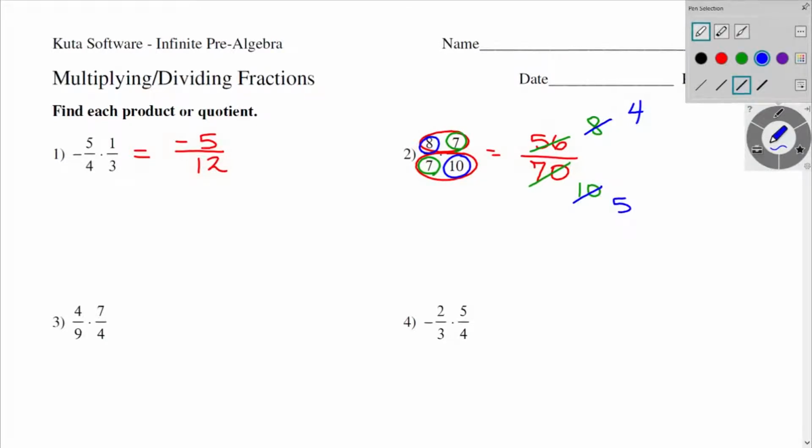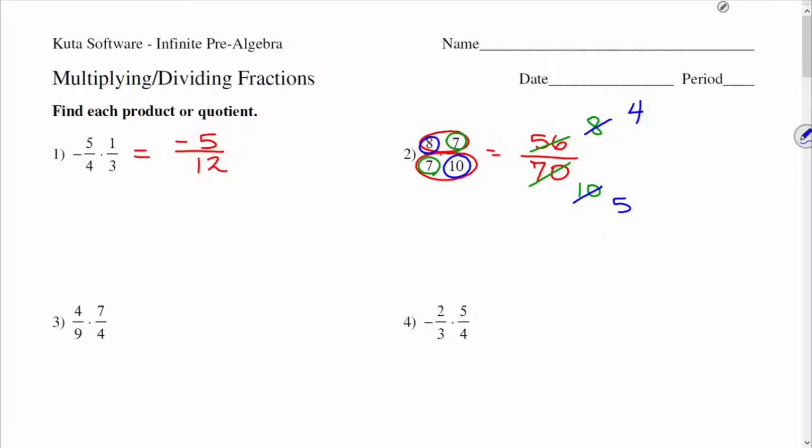So instead of waiting until the end to reduce the fraction, I can cross-cancel before I do that. I can see the common factors in the numerator and denominator. So 7 goes into 7 one time, and 7 goes into 7 one time. I'm identifying common factors in the numerator and denominator.